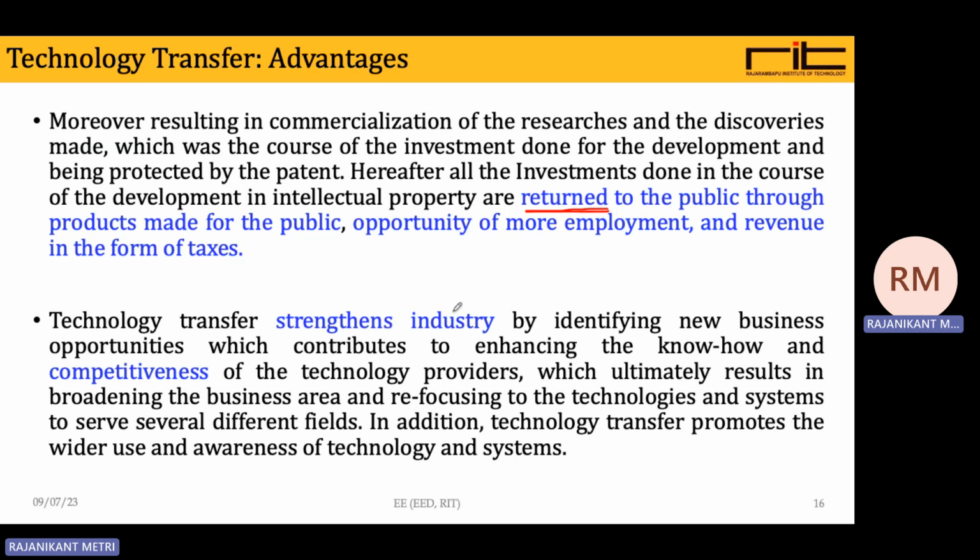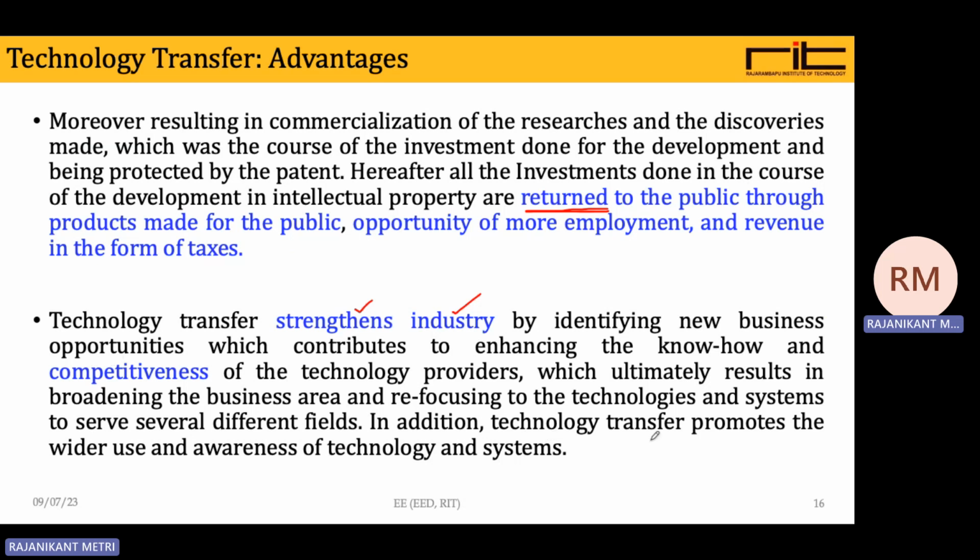Technology transfer strengthens the industry. This is important by identifying new business opportunities which contributes to enhancing the know-how and competitiveness of technology providers. So it strengthens the industry by identifying new opportunities as well as competitiveness among the technology providers, and which ultimately results in broadening the business area and refocusing to the technologies and systems to serve several different fields.